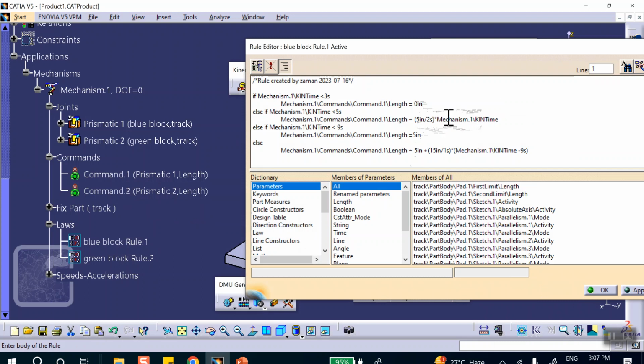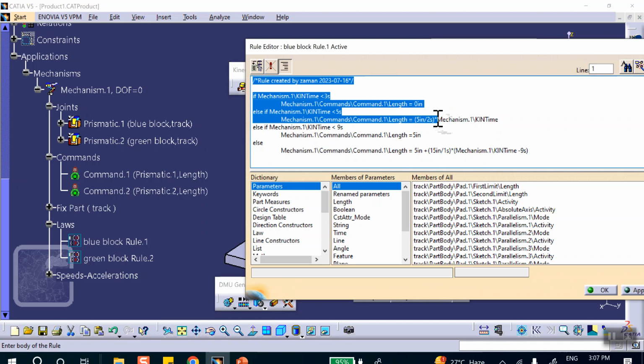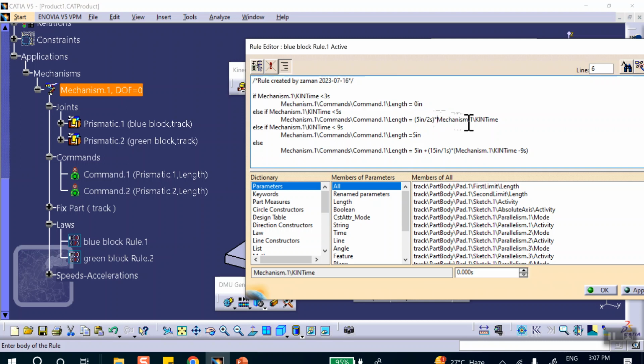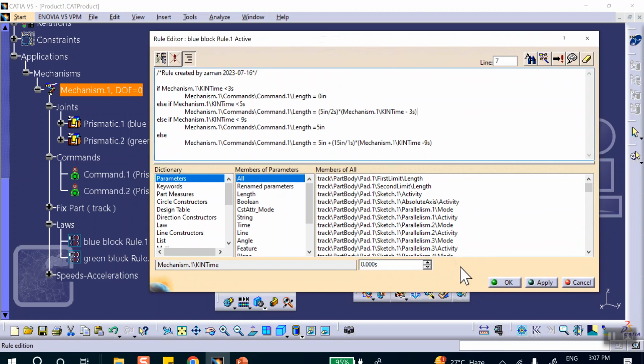Aha, right there. This should be parentheses here. And minus 3 seconds. Minus 3 seconds, okay. And I think that may do it. So let's say okay.